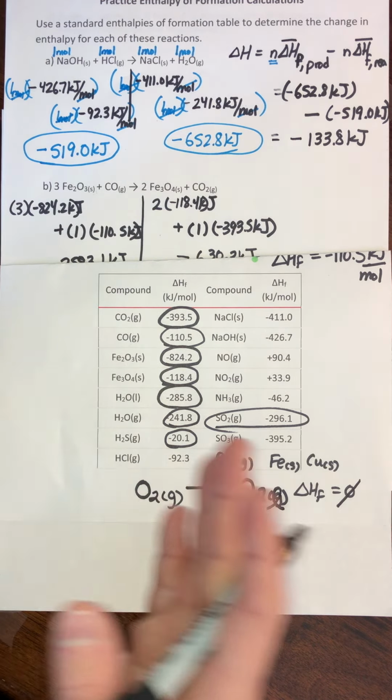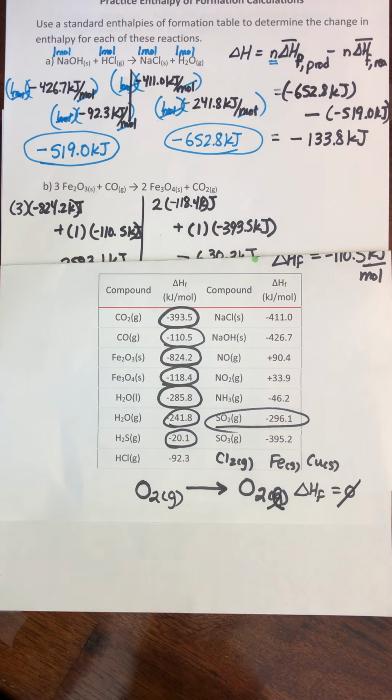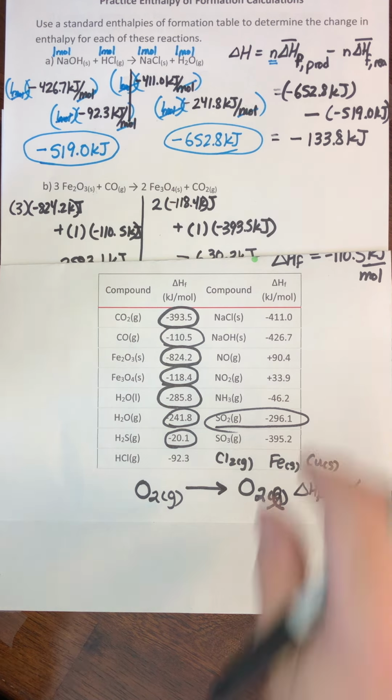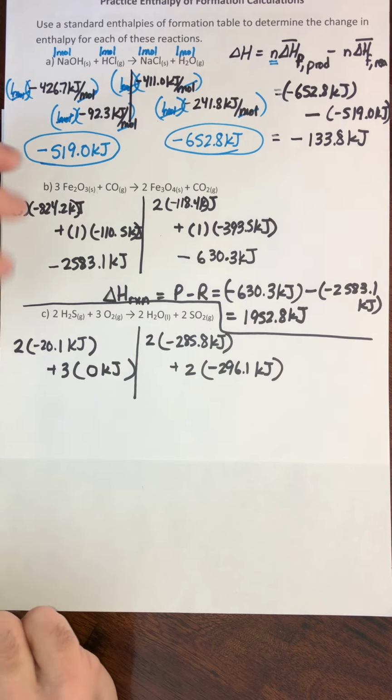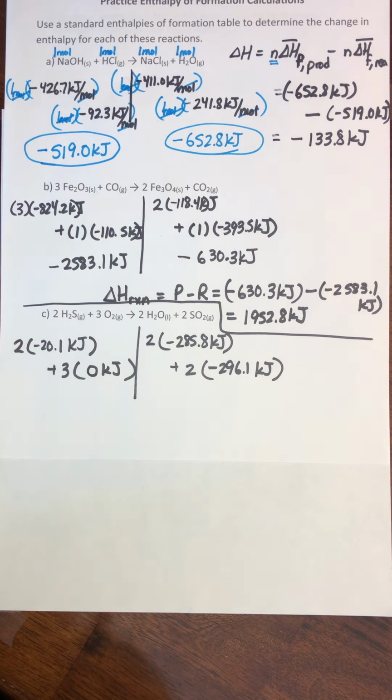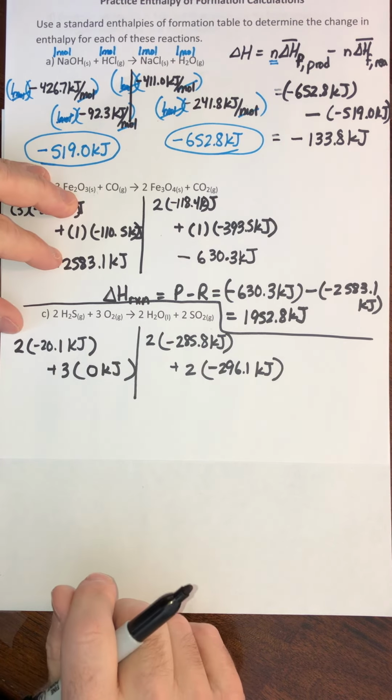You have copper, but it's a gas. Those things will have values that are not 0. But if you have the element the way it exists out in the real world, right? If something is normally a gas like oxygen and it is a gas, then that will be a 0. Okay? All right. It's an easy thing, but it does tend to trip people up because when you go looking for it, oftentimes it's not in the table and then you kind of feel stuck.